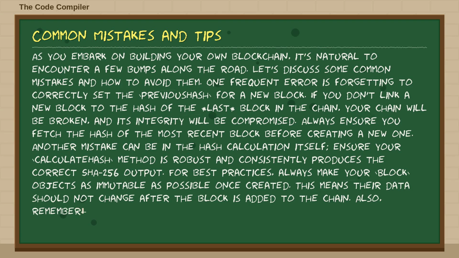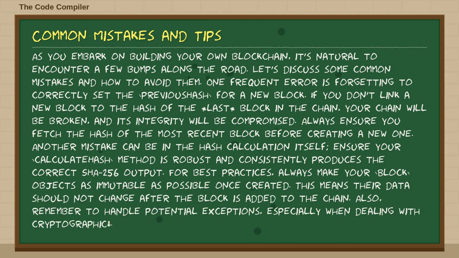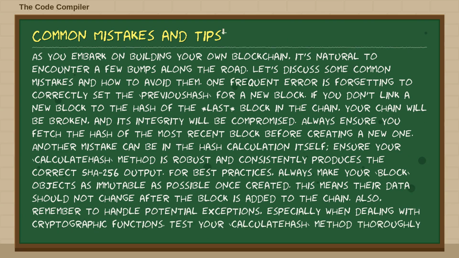Also, remember to handle potential exceptions, especially when dealing with cryptographic functions. Test your calculate hash method thoroughly with different inputs to ensure it's working as expected. These tips will help you build a more robust and secure simple blockchain.